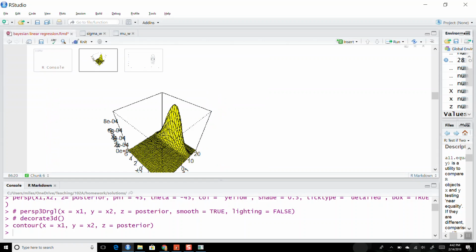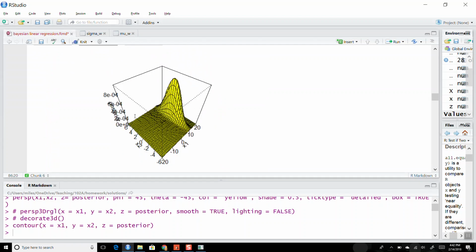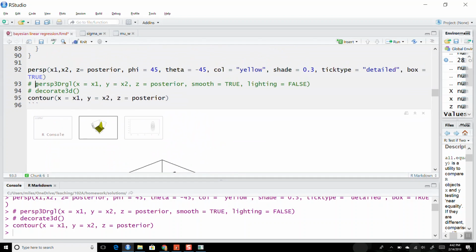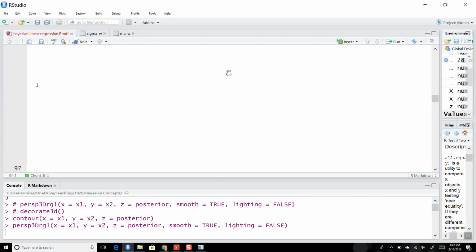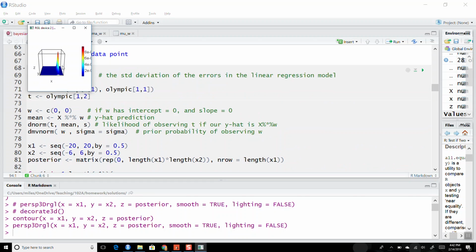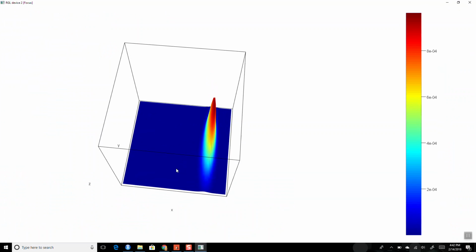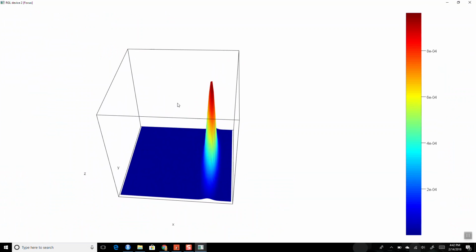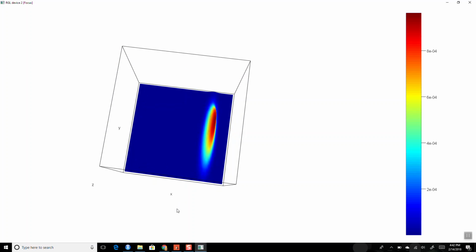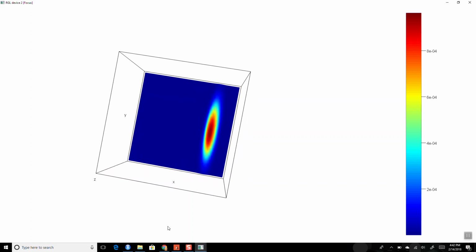Here is the perspective plot. I didn't do the OpenGL 3D perspective plot, but we could do that. So it looks like this, right? We get this really skinny hill. And this is what we have.